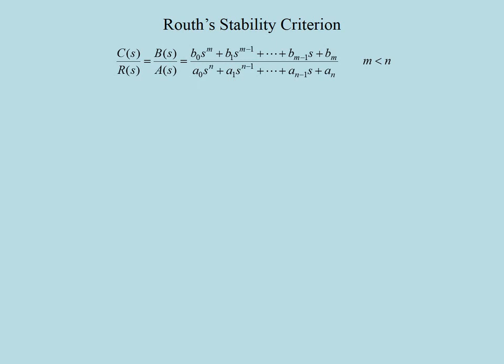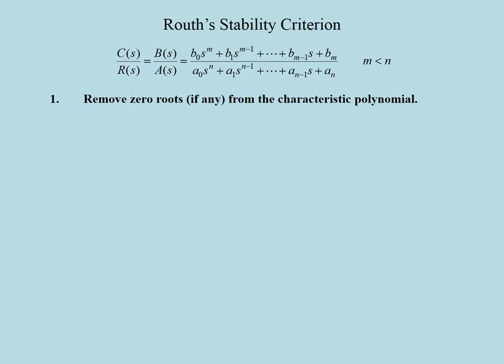The test is conducted in 3 steps, and the first 2 steps can be applied by direct inspection of the polynomial a. If the constant term in a polynomial is 0, that means we have poles at the origin. So we start by removing 0 roots from the characteristic polynomial.